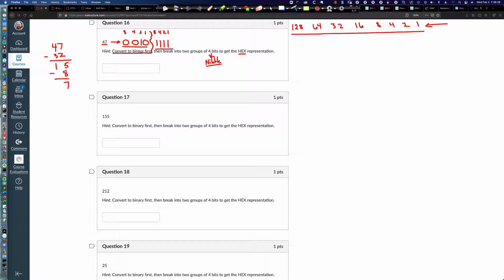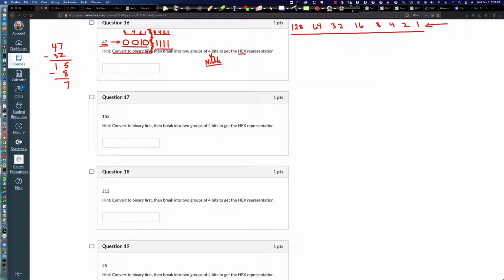So now that we took our decimal value of 47, we convert it into binary, and this is the step where learners typically get tripped up. We convert it into binary and then simply draw a line, something to separate the high order 4 bits from the low order 4 bits so that we end up with 2 groups, 2 nibbles, each with 4 bits, and now each of them with the same decimal values for the bit positions.